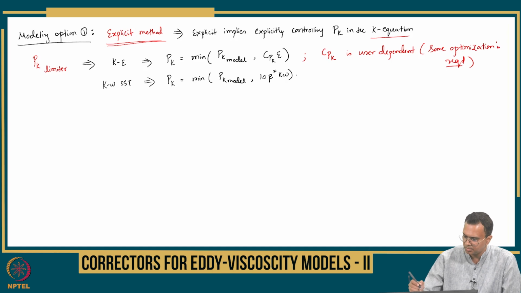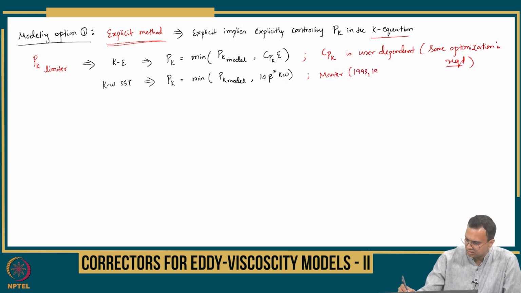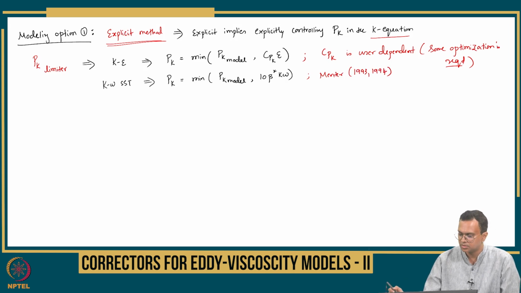Okay, so the reference for this is (1993, 1994). So you take minimum of whatever is computed, or 10 beta star k omega. Beta star, if you remember, is also a constant there.